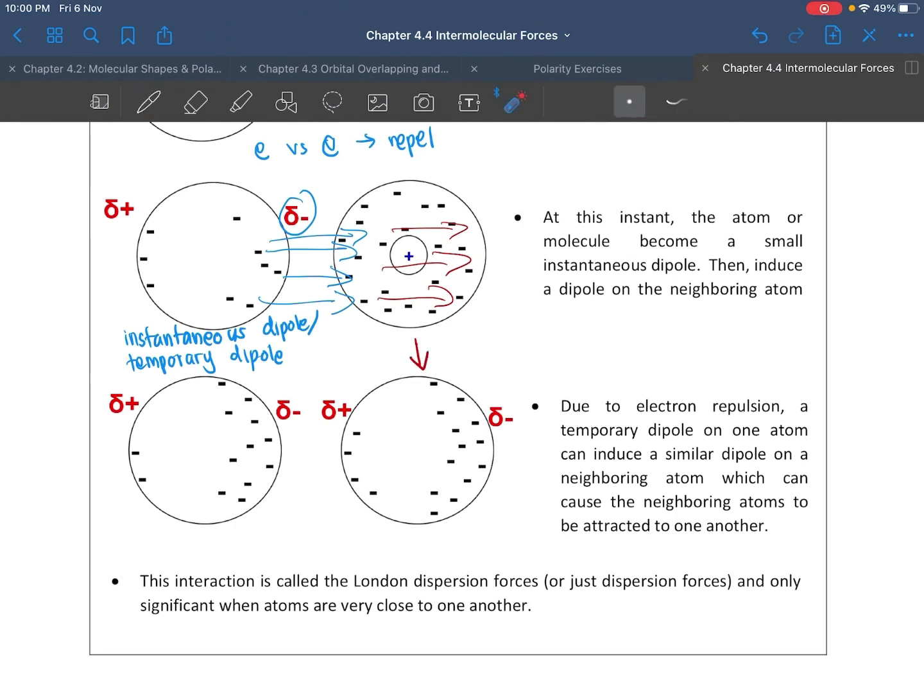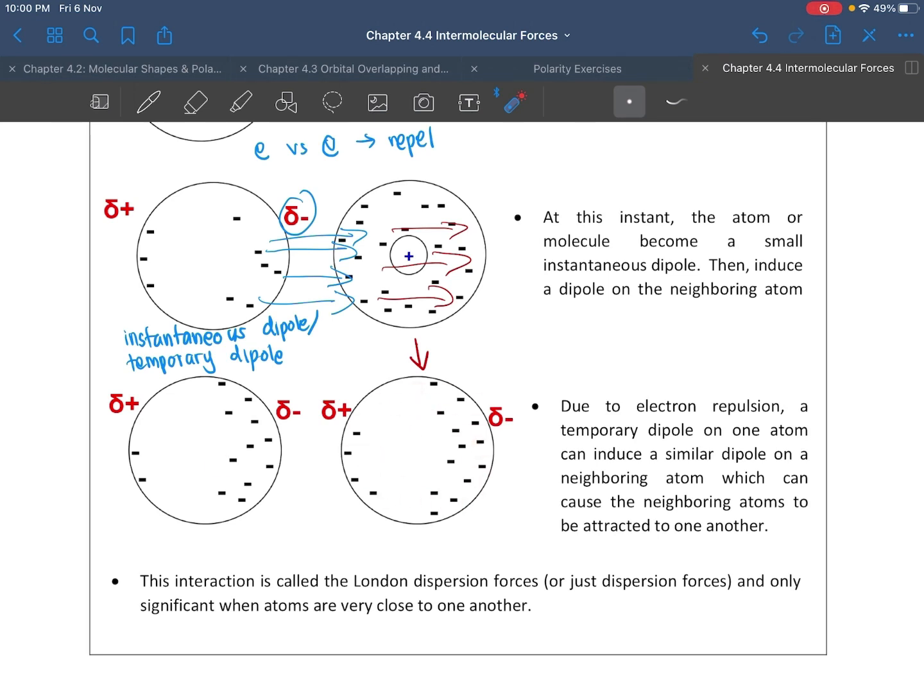So, as you can see, area ni disebabkan elektron ni repel this electron here, so kurang elektron sini. And not all lah, most of the electron dah pergi ke kanan. That means, this instantaneous dipole dah berjaya induce this atom to become macam dia juga. Jadi ada dipole juga. Okay.